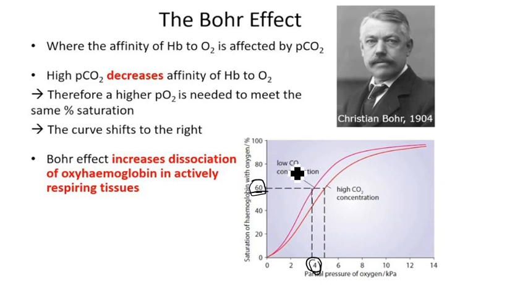But when carbon dioxide is high in concentration, it will cause a shift, so this graph is going to shift to this other one. Now at that same 60, let's take this to be 5. You can see that when there is low carbon dioxide, the affinity will be high. It will require a lesser amount of oxygen to reach the threshold, because with low carbon dioxide there is going to be high oxygen.